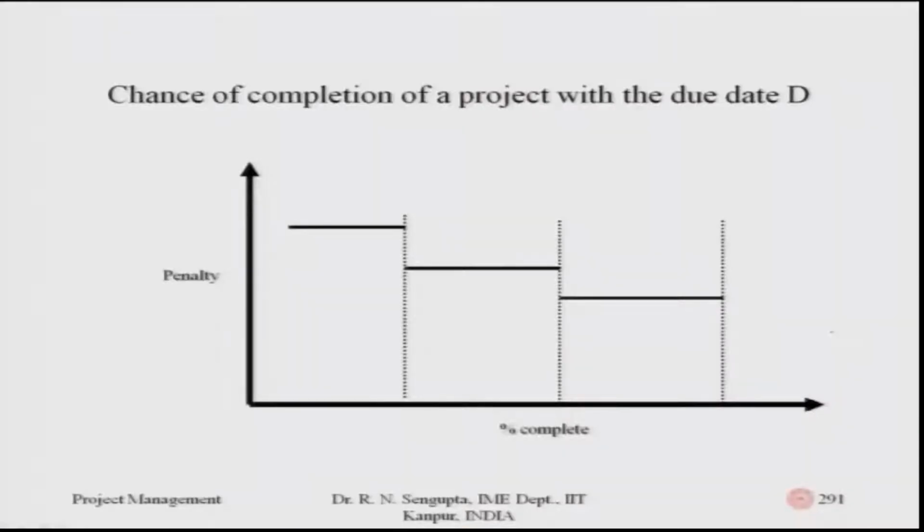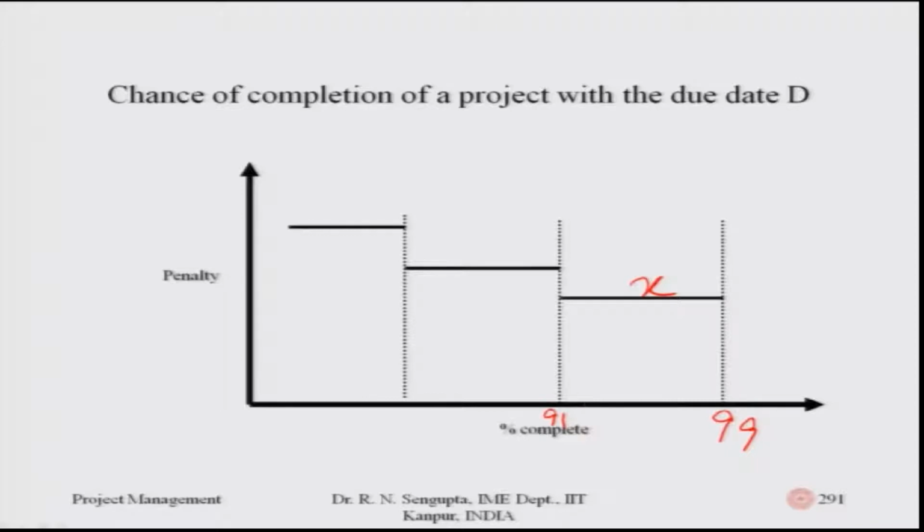So, regarding the chance of completing the project, the percentage completions are given a penalty on a linear scale or a step function, which means that if the percentage completed is, for example, between 91 to 99%, the cost is, I am not giving the values which are written, just some arbitrary variables, x. So, you would pay an amount of x.